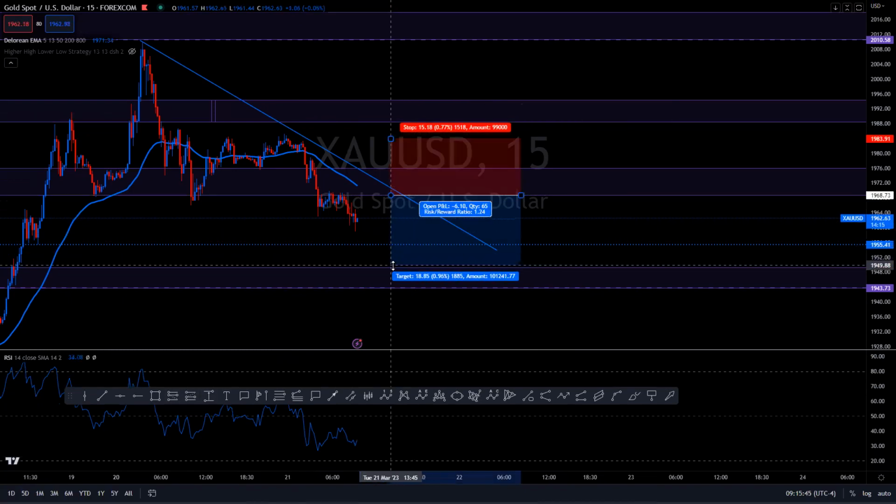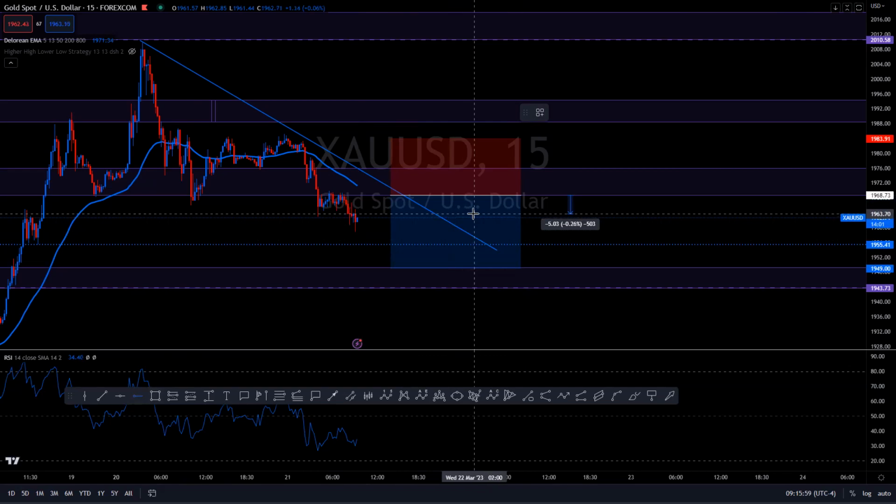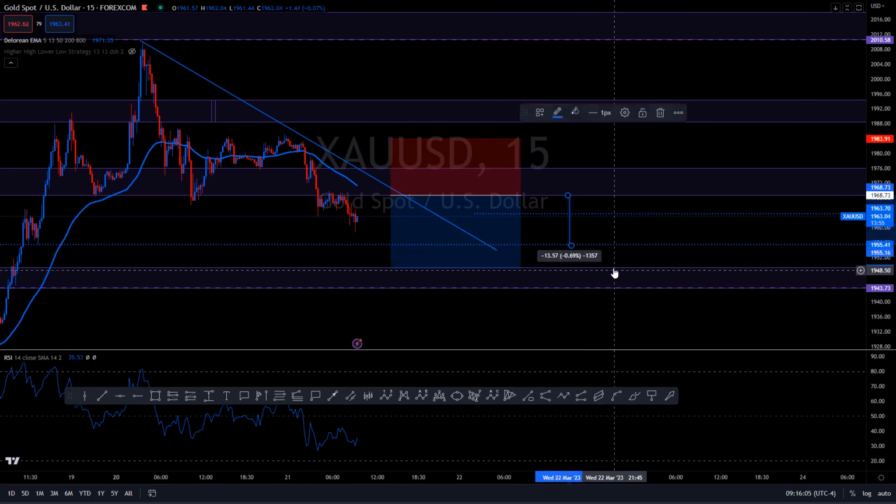My goal is to get at least this amount in gold, and then we put that down in this area.